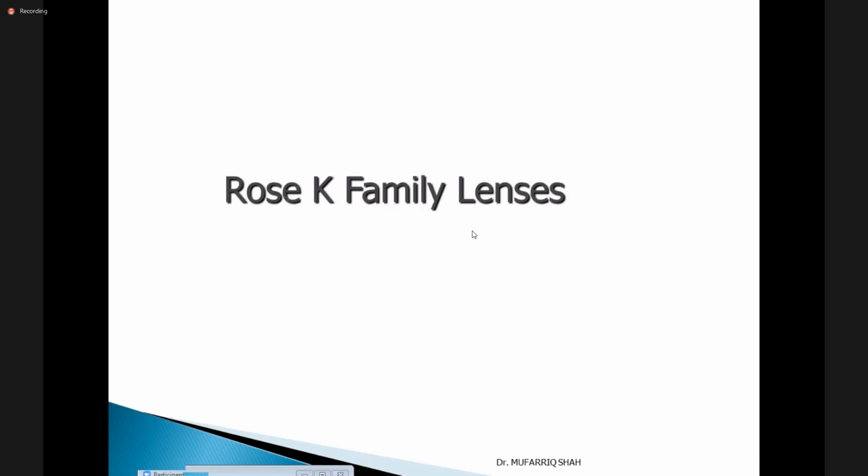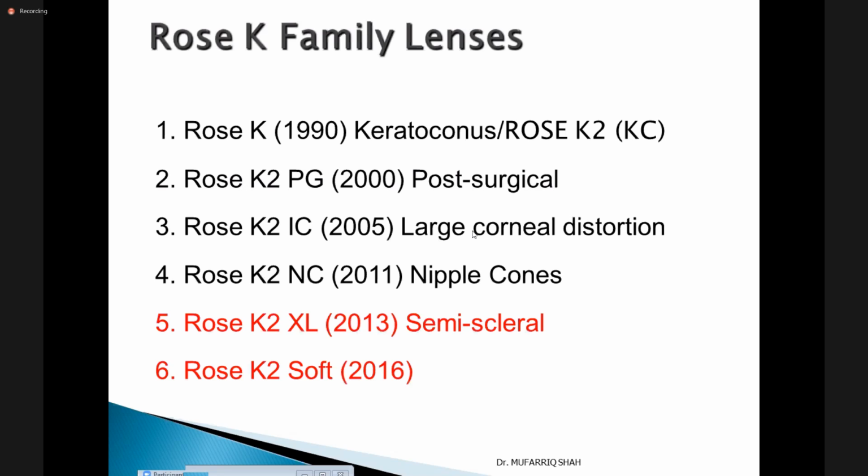Now, coming to the main topic, the Rose K family lenses. These include Rose K, which was developed in 1990 for keratoconus. Recently, Rose K2 KC lenses are available, which are more advanced than the Rose K lenses. Second is Rose K2 PG lenses.